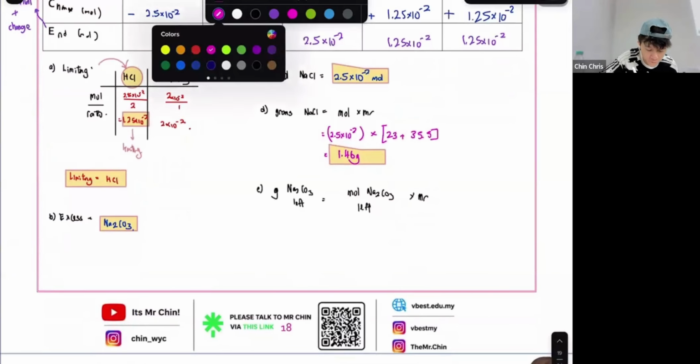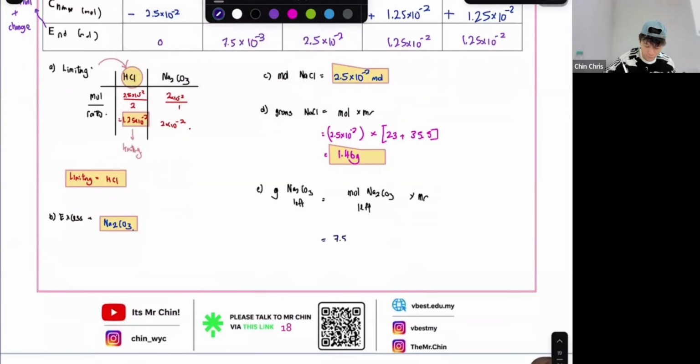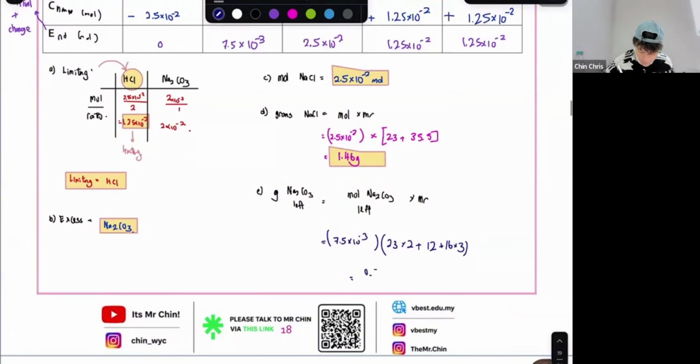Mole left. Is that right, guys? And please check out, guys.